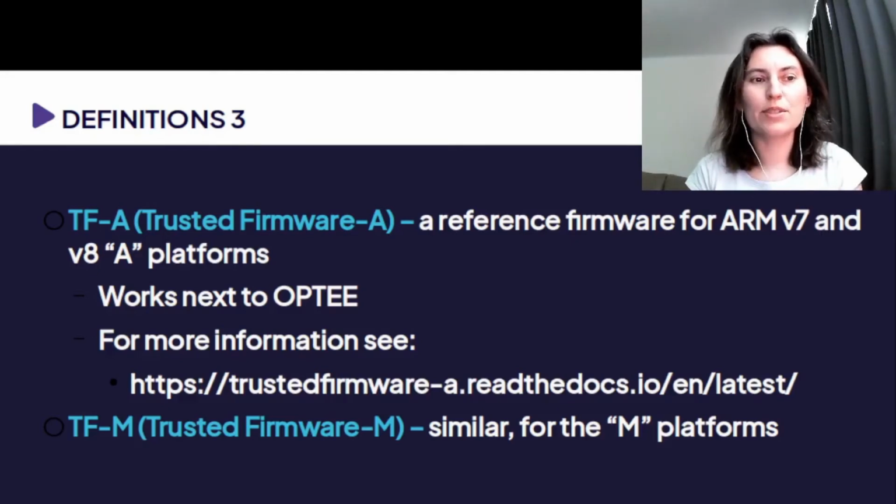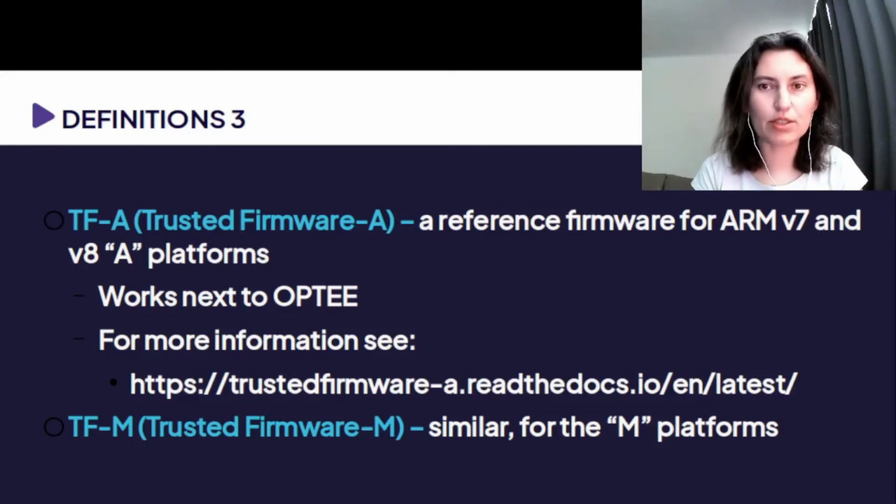For the ARM side, we do have two projects, TF-A and TF-M, Trusted Firmware-A and Trusted Firmware-M, reference implementations of firmware as open source for the A series of ARM processors and the M series platforms.